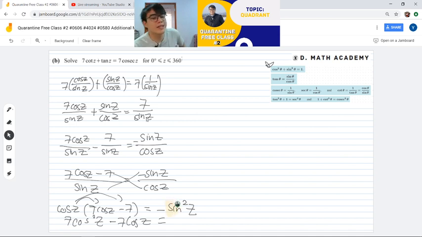So this sine square z can actually be changed into 1 minus cosine square z because of the rules above here. The sine square goes to 1 minus cosine square.